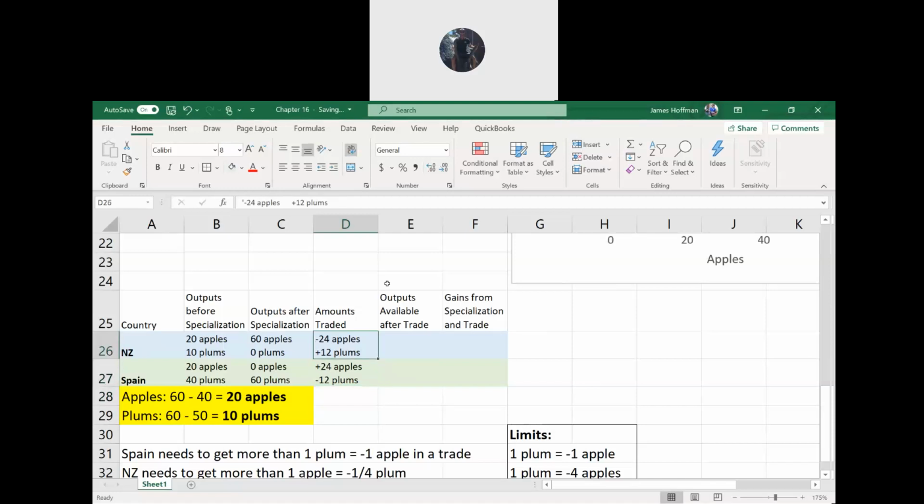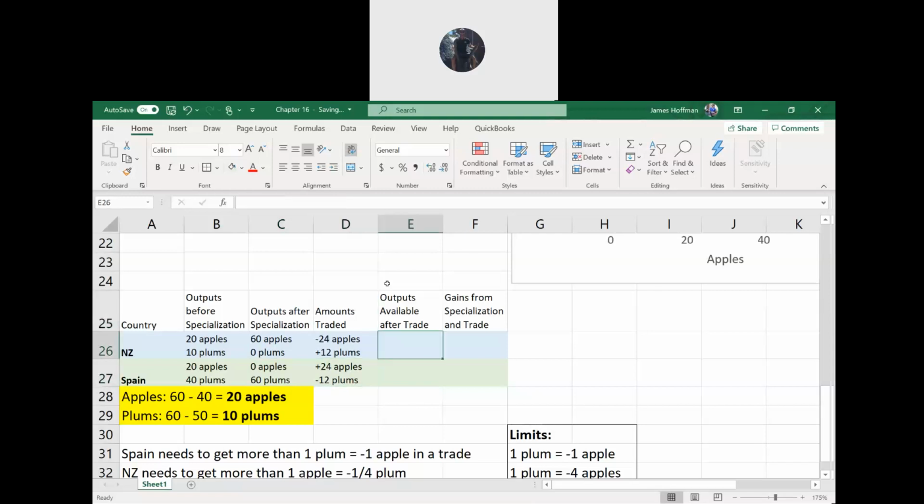All right, so just see that we're just putting the trade in here, 24 apples for 12 plums, and pay attention to which country gets the apples and which country gets the plums. So New Zealand had the apples, which means they're trading away the 24 apples, getting the 12 plums. Spain had the plums, which means they're trading away the 12 plums and gaining 24 apples. Okay, so this is just the trade.